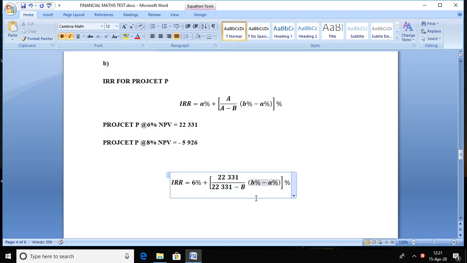The B rate is the rate that is giving us a negative NPV, that's 8%. A rate, of course, is 6%, and the NPV for B is a negative value, which is minus 5926.